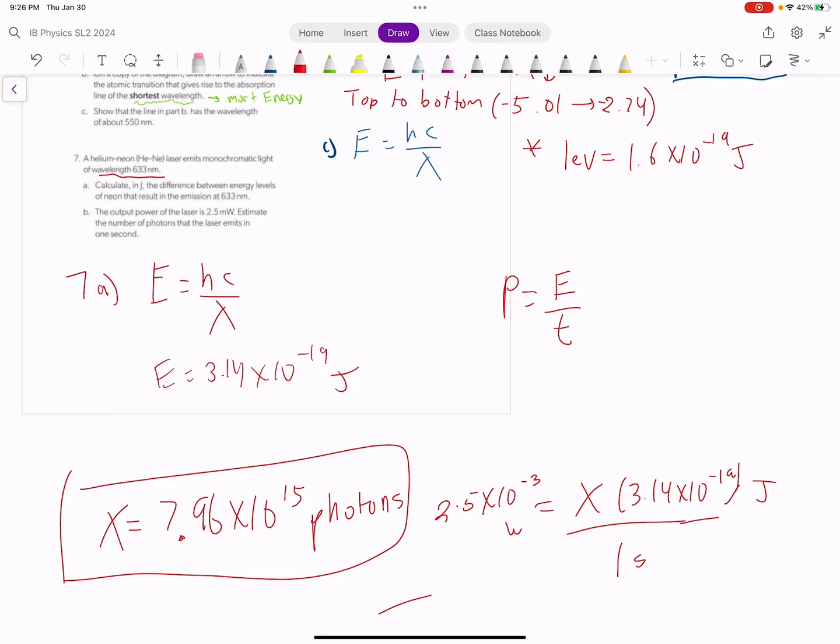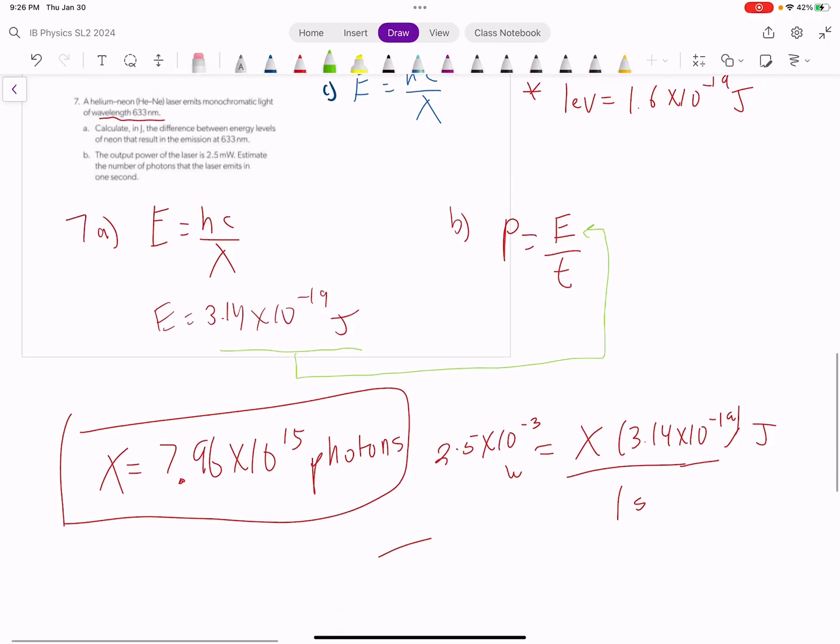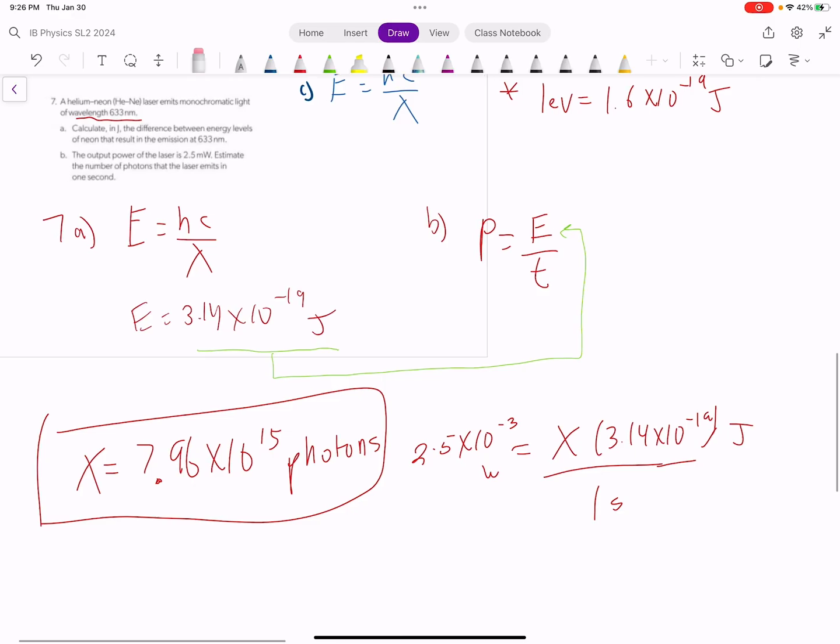So for part B, we're going to use the power equation. We're going to take this energy that we got here, and then we're going to plug this into this equation here. And it's energy per second, okay? But the question is really how many photons are there? So we've got 2.5 times 10 to the negative 3 watts.